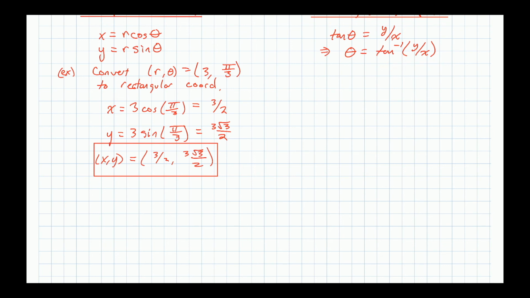So if you're not in quadrants 1 or 4, you're going to have to add 180 degrees, which is pi, to get it in the right quadrant sometimes.